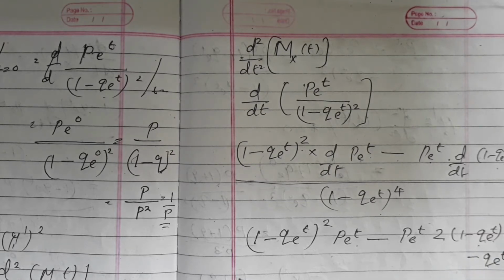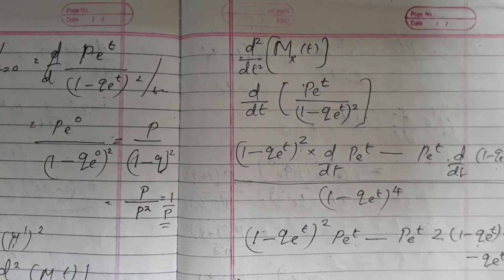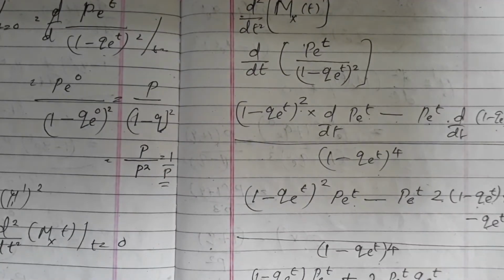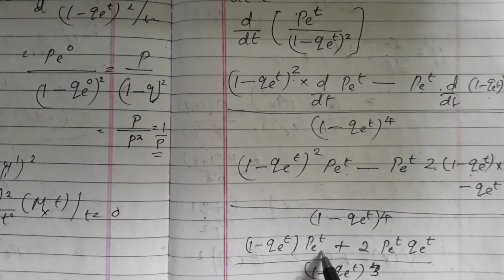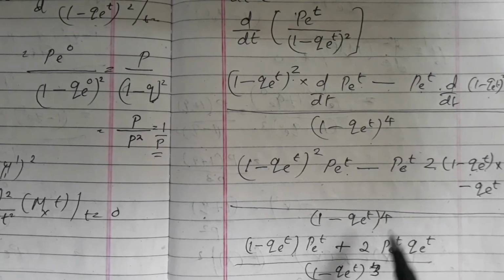Then 1 minus q e raised to t is common, taking it outside and it cancels. So the remaining numerator is 1 minus q e raised to t into p e raised to t plus 2 p e raised to t q e raised to t.